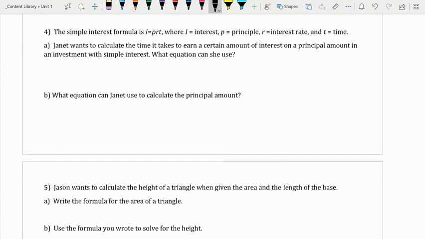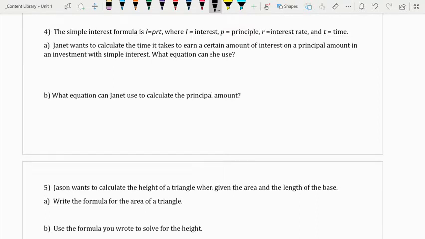In number 4, it says the simple interest formula is I equals PRT, where I is interest, P is principal, R is interest rate, and T is time. Using that, Janet wants to calculate the time it takes to earn a certain amount of interest on a principal amount in an investment with simple interest. What equation should she use?